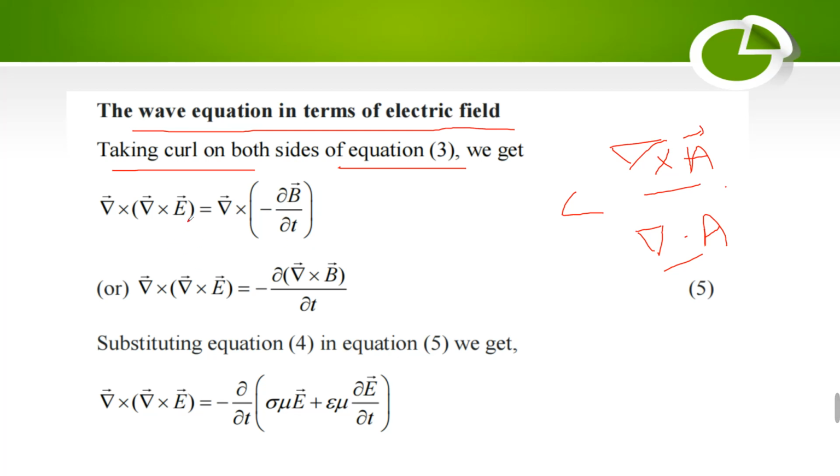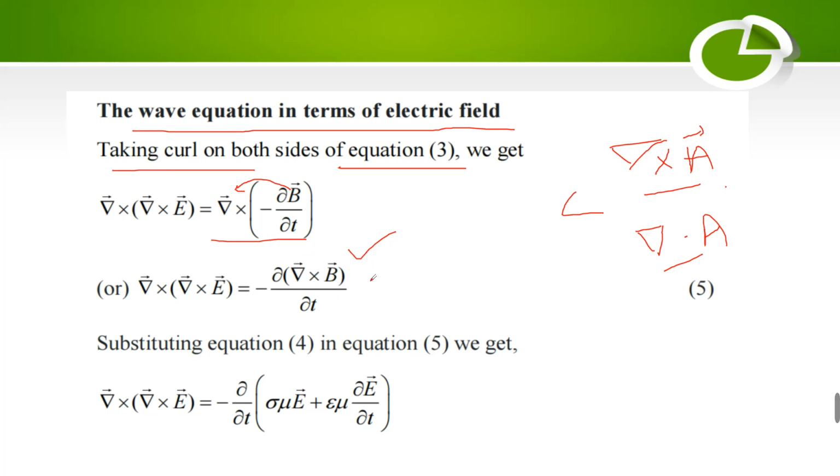So here del cross E is equal to, we can bring this dou by dou t outside. So it becomes dou by dou t of del vector cross B vector. We are bringing this term outside the del cross. So what is the value of del cross B?